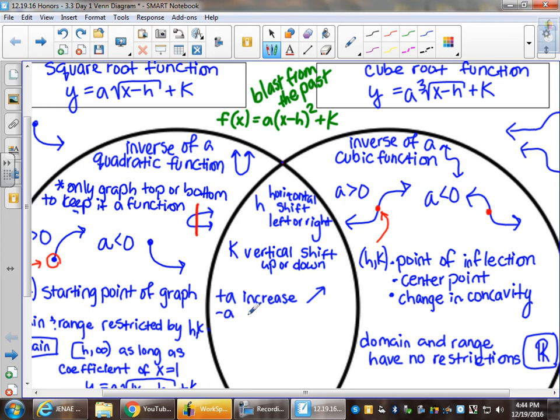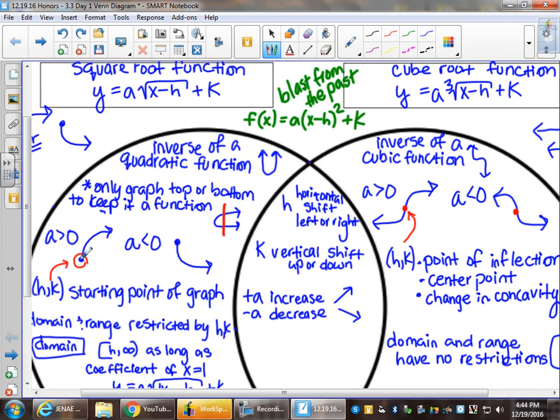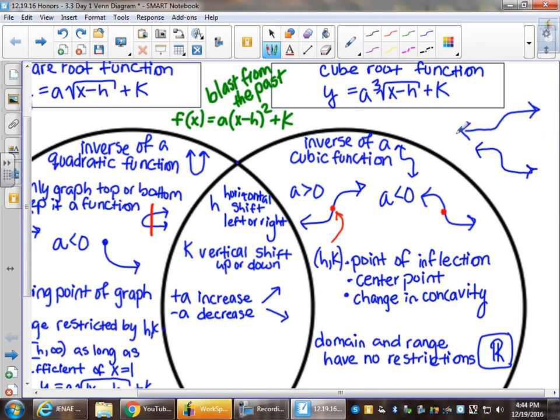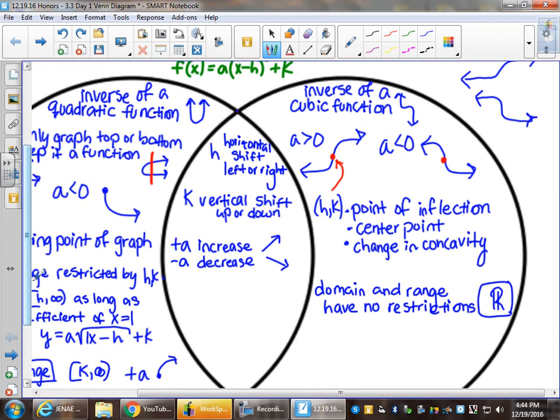If it's a negative a value, they decrease left to right. So for example, here, when I look at my square root function, when a is greater than 0 or positive a, that is increasing left to right, less than 0, decreasing left to right. Come over here. This is a positive a value, left to right, increasing, less than 0, decreasing.